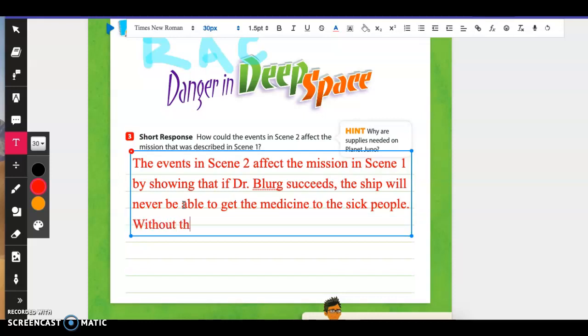Without the medicine, the people could die.